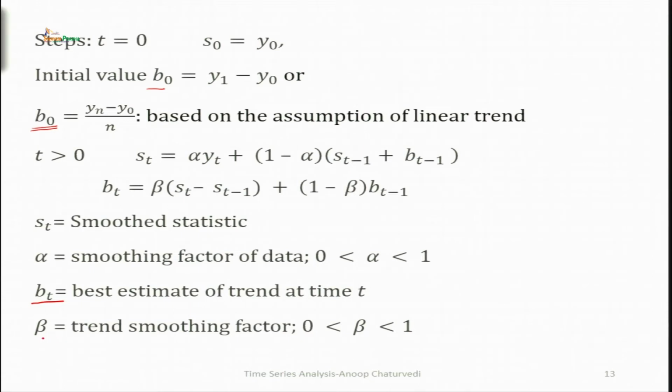So, this beta is the trend smoothing factor. So, here you have two smoothing factors, alpha and beta. The role of alpha is to smooth the series, taking care of the trend component also, and the role of beta is in smoothing the trend component.